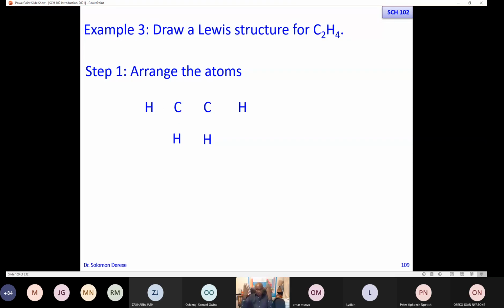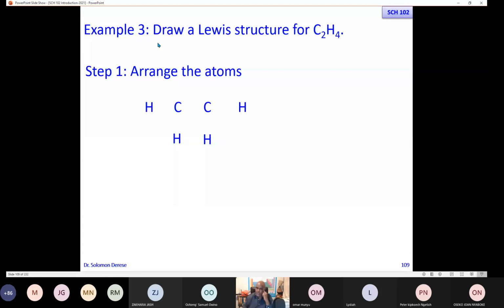That assumption did not say the atom cannot be surrounded by fewer than the number of bonds it usually forms. Even if we want to surround the carbon by 4, we will not have the atoms required to do so. So it is possible an element can be surrounded by fewer than the number of bonds it usually forms. But you should not forget that the octet rule must be followed.